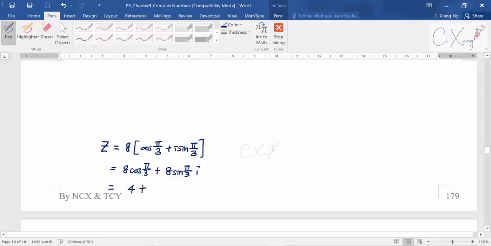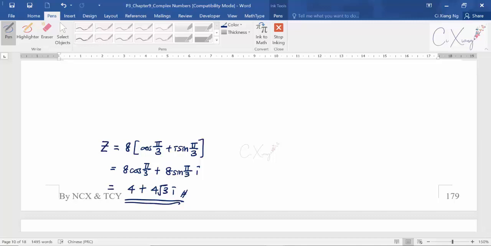Then plus, sine pi over 3 is square root 3 over 2, so 8 times that, you have 4 square root 3 i. So you can change it back into the Cartesian form very easily by just pressing the calculator. From Cartesian to polar is more troublesome because you need to calculate the modulus and also the argument first. I hope that you get what I said.